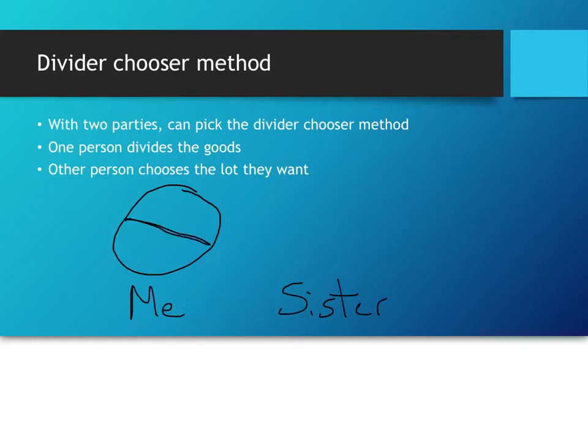All right? So we have one of the pieces, and by the way, I don't mean I cut things in half literally, but I'm saying you divide up the goods into 2 parts.